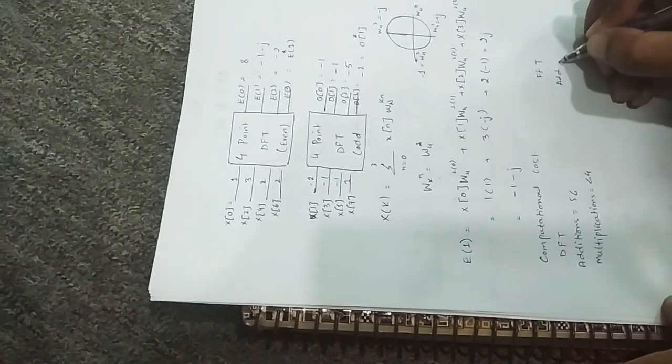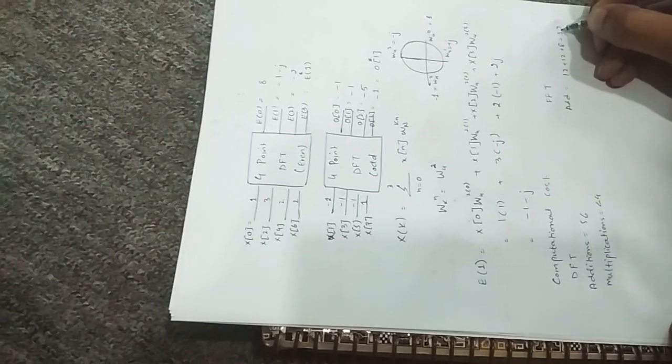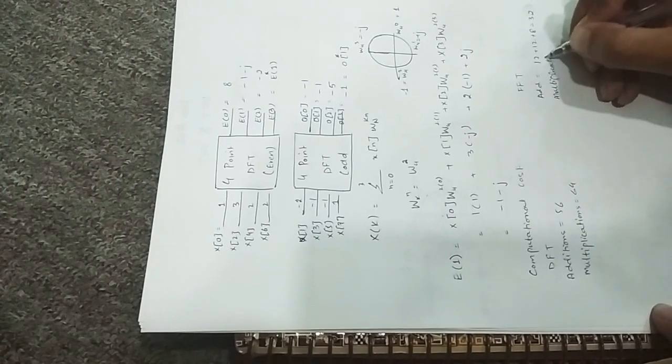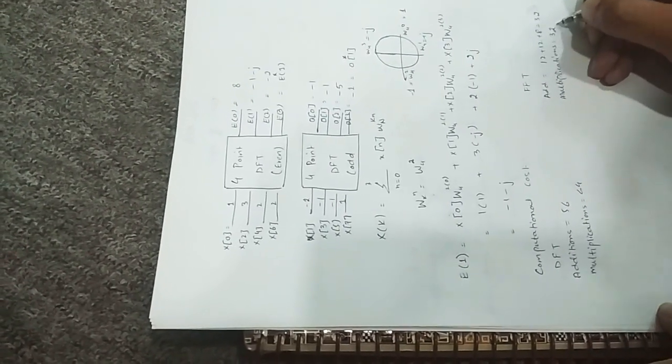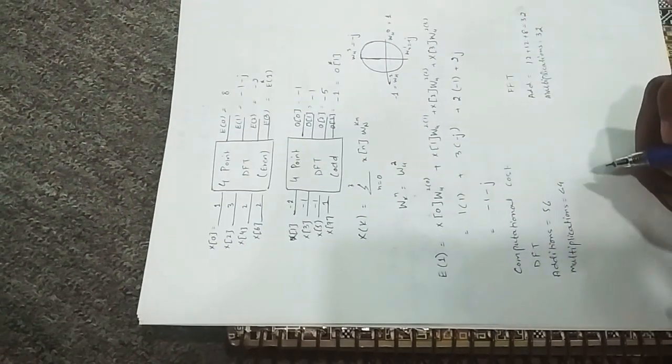But now in the fast Fourier transform, we have additions 12 plus 8 plus 12 equals 32, and the multiplications have also decreased. That's why we prefer the fast Fourier transform over the discrete Fourier transform, in order to reduce the computational cost.